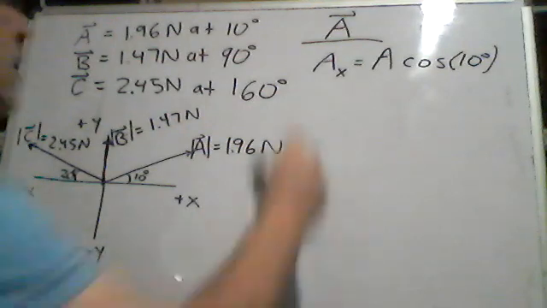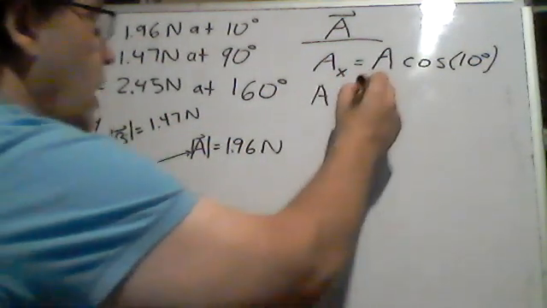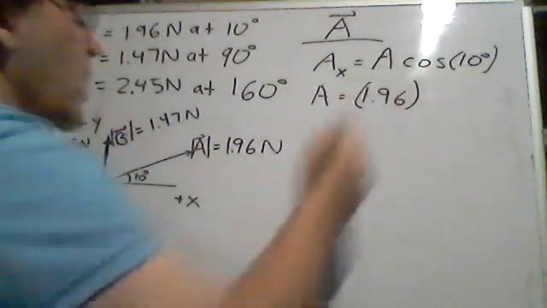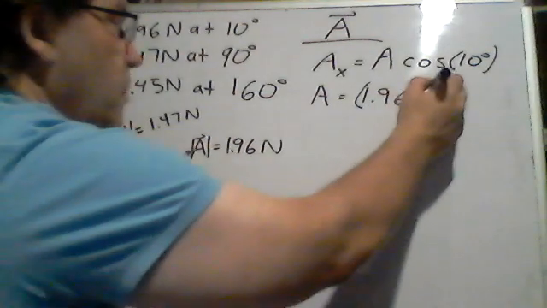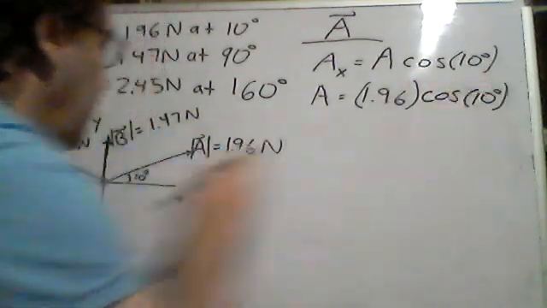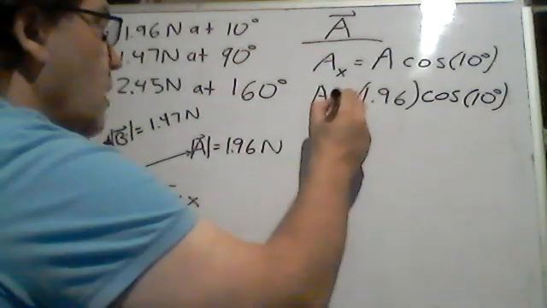All right, so A sub x, what is A? That's 1.96. I'm not going to worry about newtons right now until the end. 1.96 cosine 10. Again, it's cosine because I'm looking at the adjacent leg along the x-axis. And again, that's A sub x.